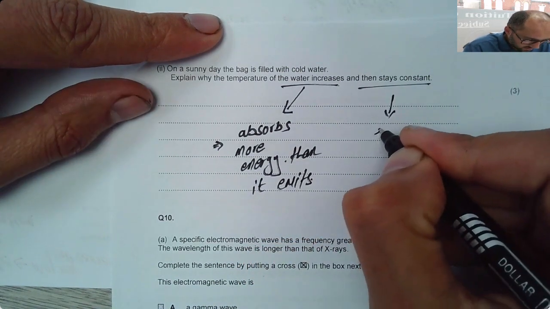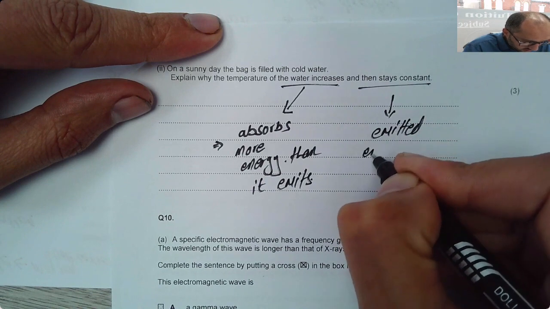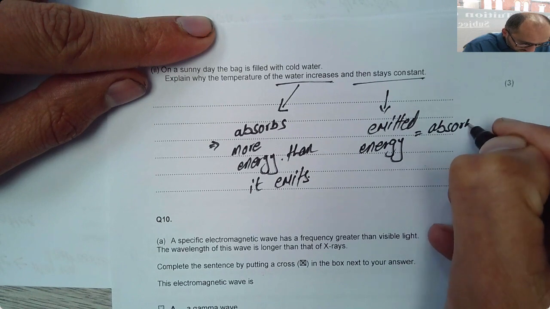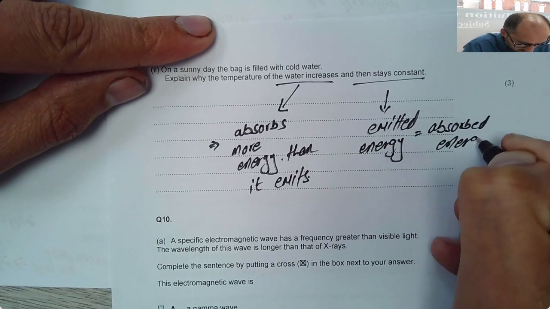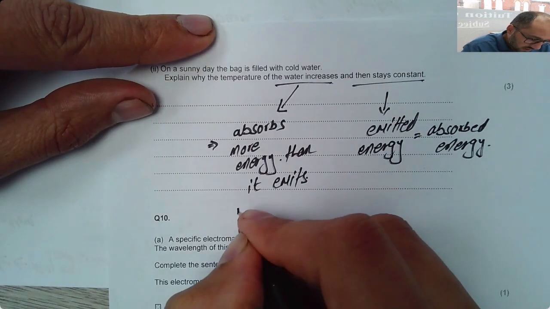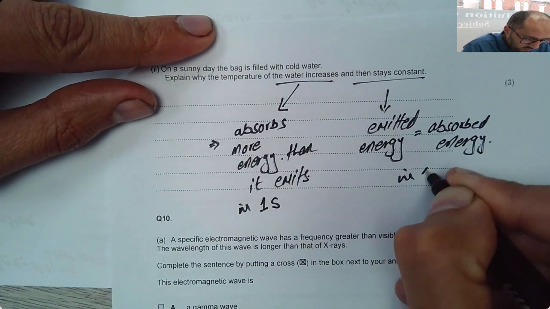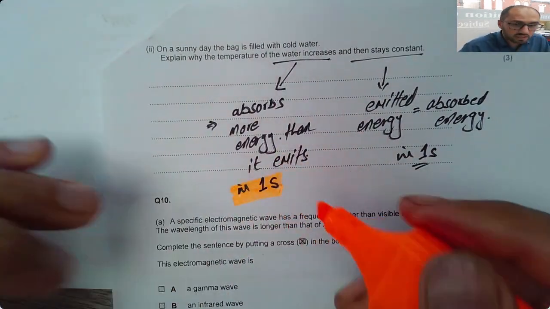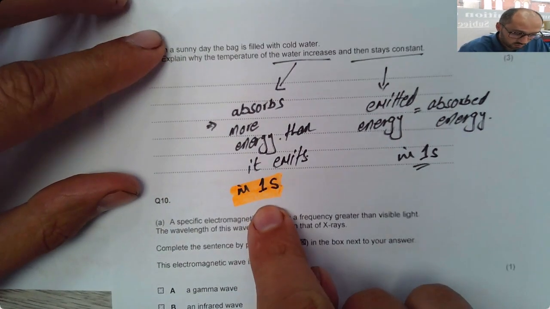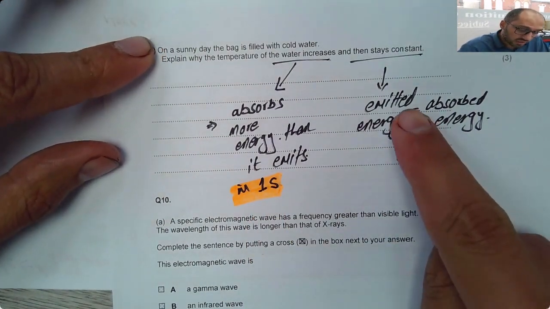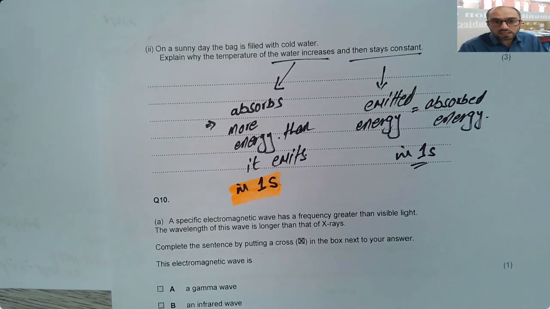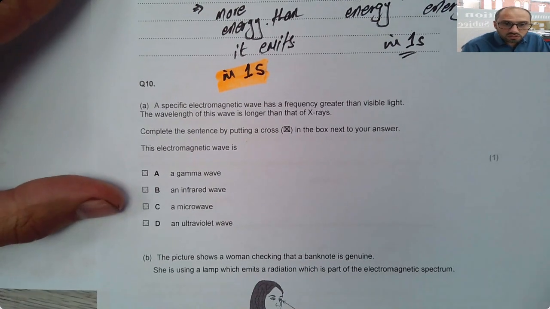Here I'll say emitted energy will be equal to absorbed energy, but they both have to be in 1 second. That's important, because we are saying the amount of energy that it absorbs in 1 second is more than the amount of energy that it emits in 1 second. Here we are saying the amount of energy that it emits is equal to the amount of energy that it absorbs in 1 second. So the energy going in is equal to the energy going out, therefore the temperature stays the same. Next question.